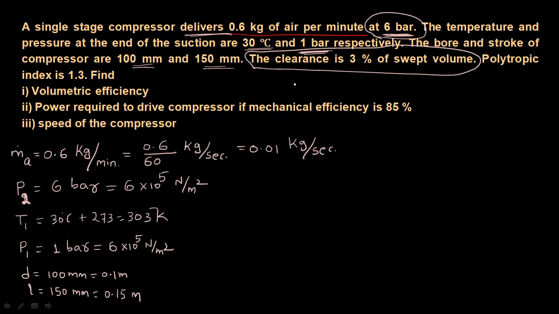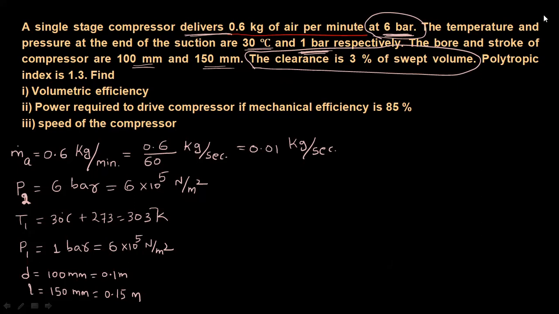Can you guess what this is? The clearance volume VC is 3% of VS.